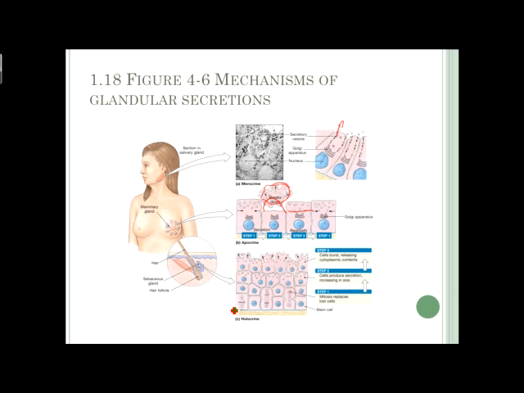And last but not least is going to be holocrine. An example of this is a sebaceous gland from the hair follicle. It builds up, builds up, builds up until the cytoplasm and its contents burst, destroying the cell, and the cell releases its material.